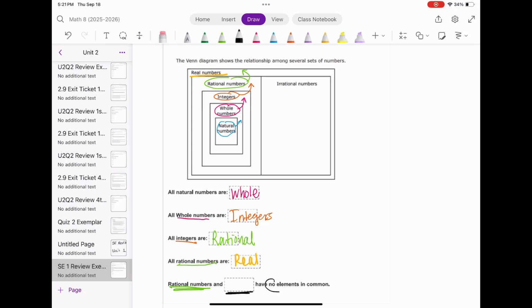And although irrational numbers are also real numbers, we can say that rational numbers and irrational numbers have no elements in common.